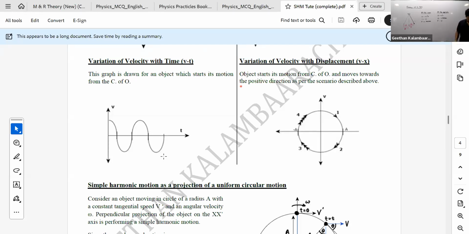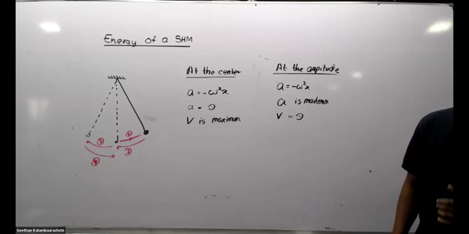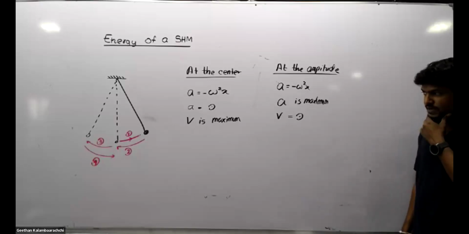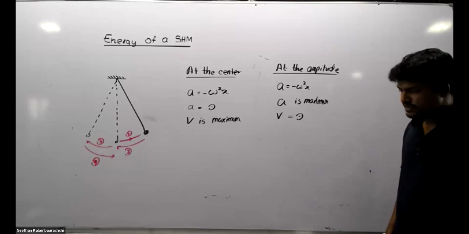Right. Were you able to figure this out? It's the graph of velocity, variation with displacement. If not, we can explain it further. Try to understand.